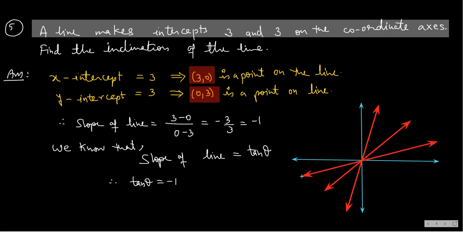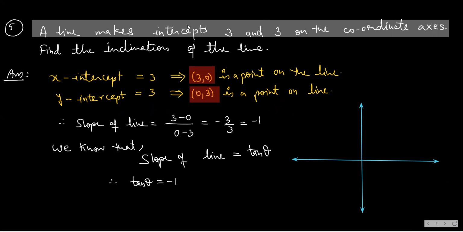The line cannot be like this, because if the lines are like this, then all the inclinations are lesser than 90 degrees, all the inclinations theta are in the first quadrant, and tan of such an angle will be positive.